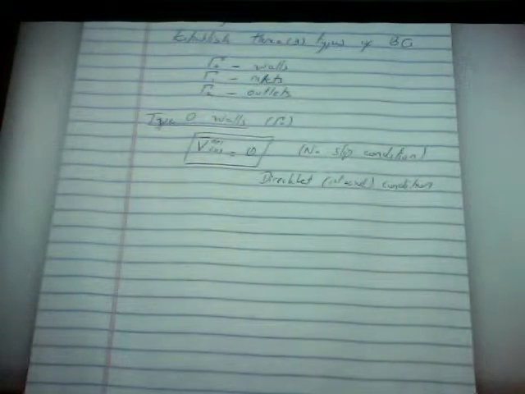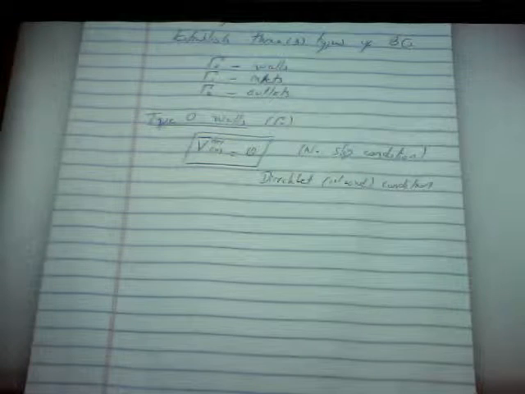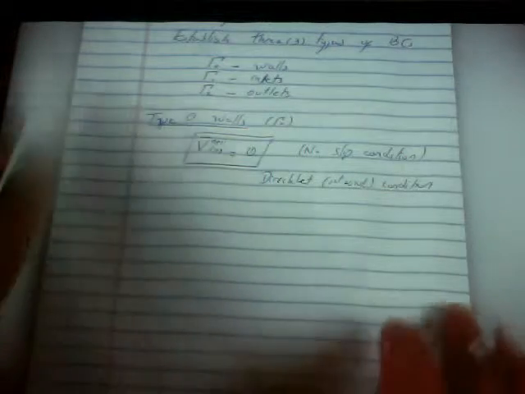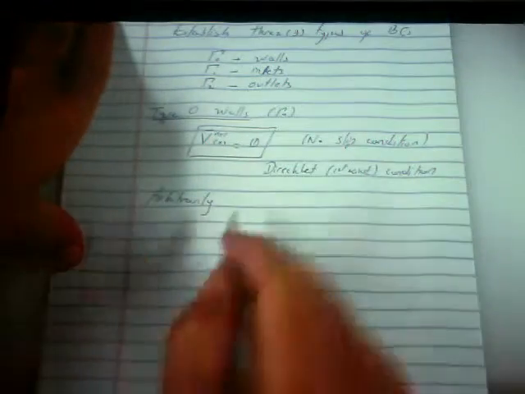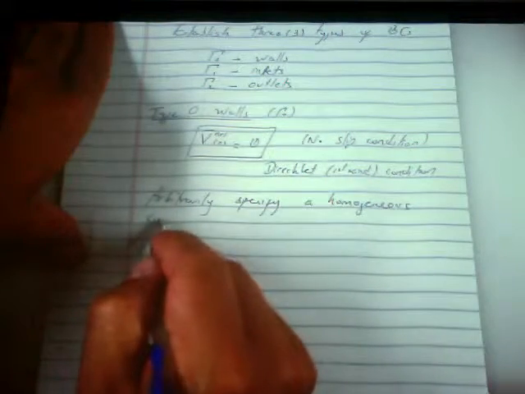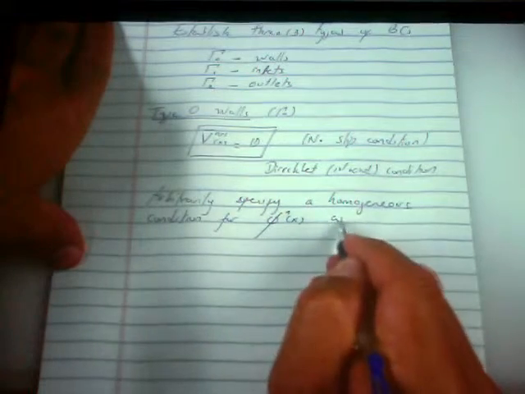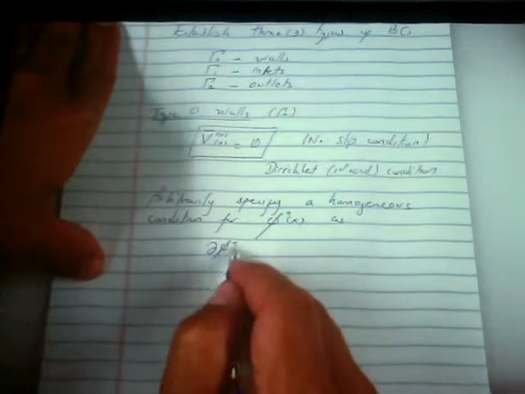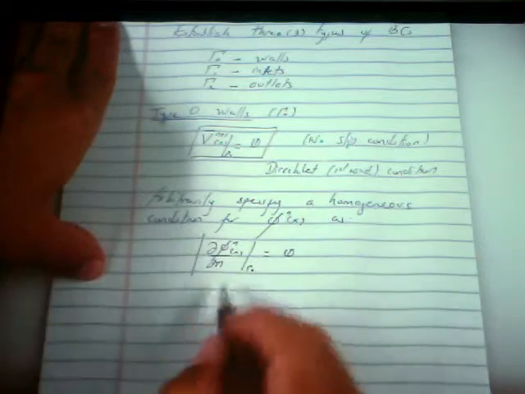Now we're solving a Poisson equation for phi. So what do we do with it? We need a boundary condition. And we're going to arbitrarily specify a homogeneous condition for phi: the partial of phi with respect to n, at gamma 0, is equal to 0.